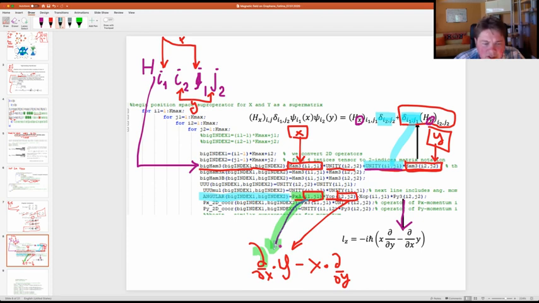And I do believe that in addition, this operator, angular, is given angular momentum in Cartesian coordinates, right? In space. Yes.